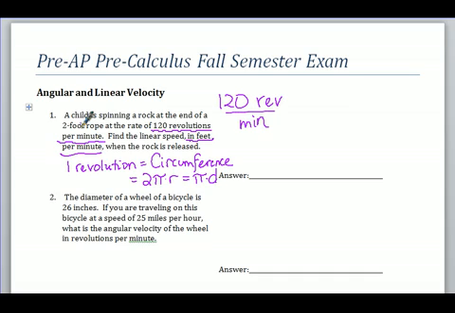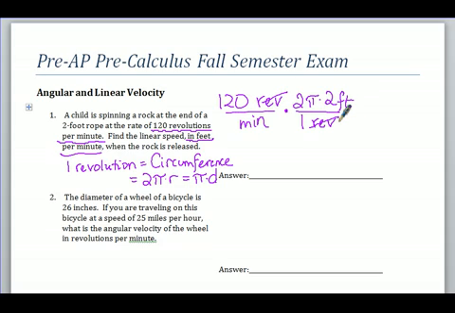Now in this problem, we're spinning a rock on the end of a 2-foot rope. So that 2 feet is the radius of the circle that's formed when we spin this rope around. And so revolutions are on top. I'm going to put 1 revolution on bottom, and that's going to be equal to 2 pi times the radius, which is 2 feet.